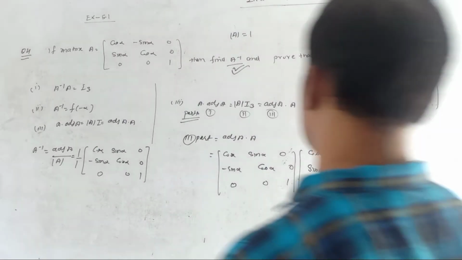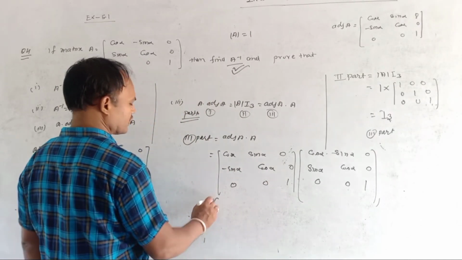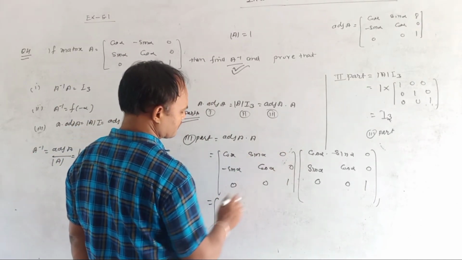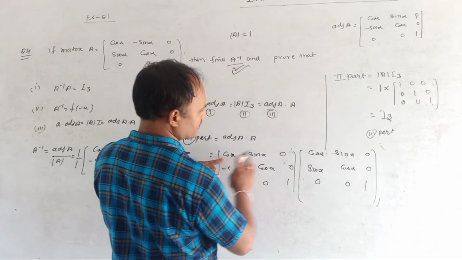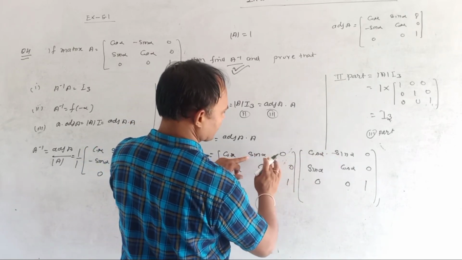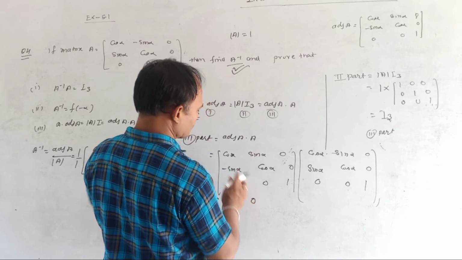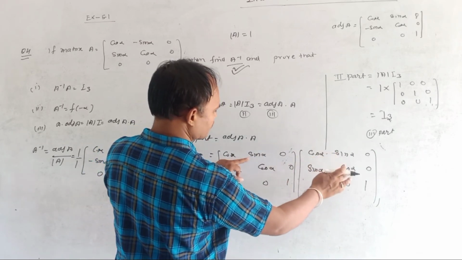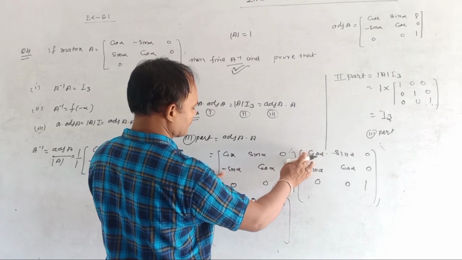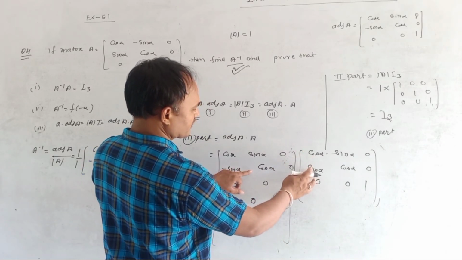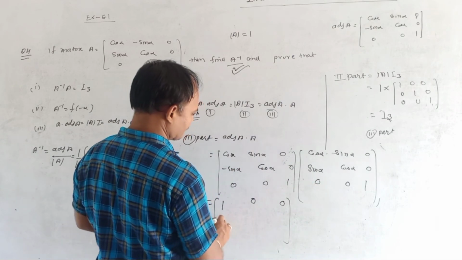So how can we solve this? Look here, it is cos square alpha plus sin square alpha, which is 1. The next entry is 0, and cos alpha sin alpha minus sin alpha cos alpha is 0. Positive and negative cancel and it is 0.